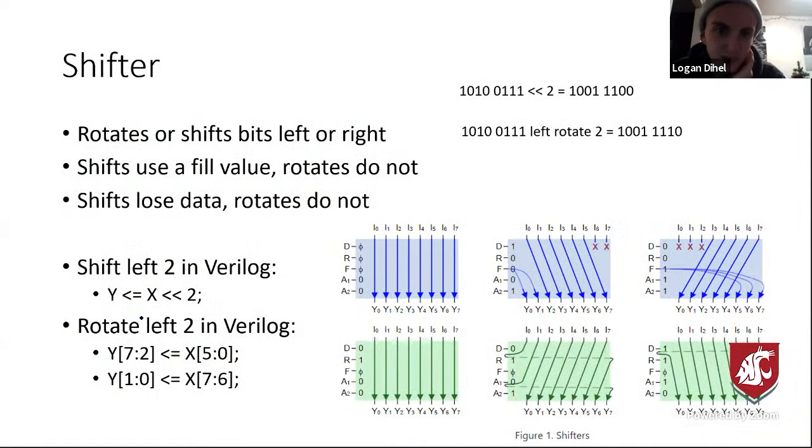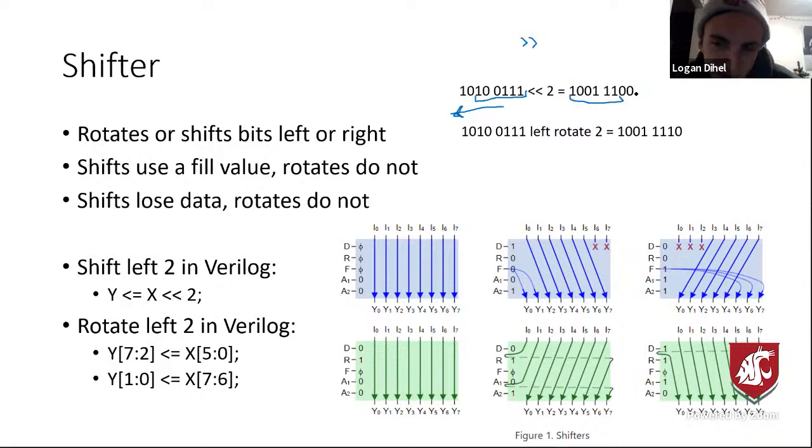So shifters. I just wanted to point out this operator right here. This is the left shift, and you also have the right shift. With a left shift by 2, you take the bottom bits and slide them over. When we do that, that's where we have this right here.